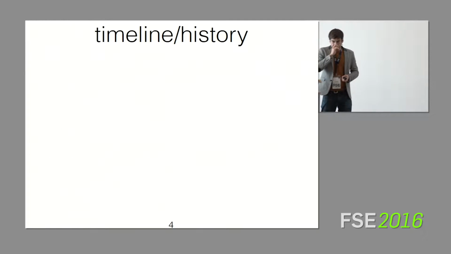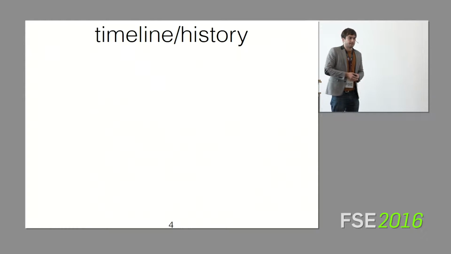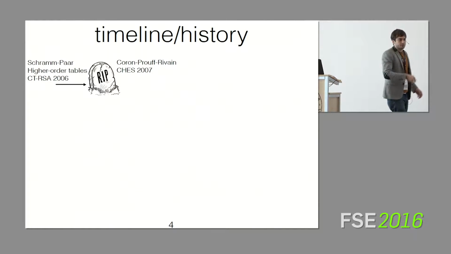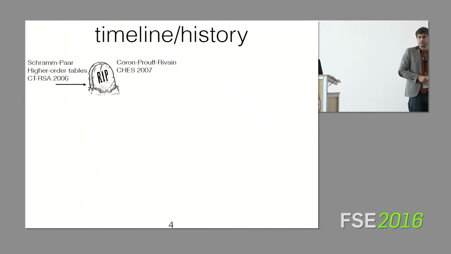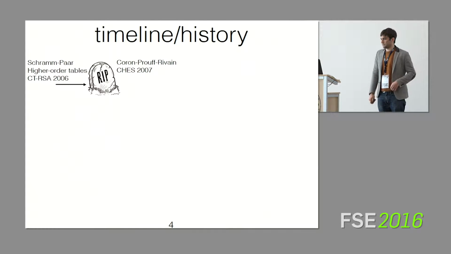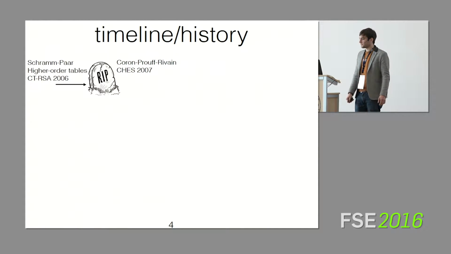There are many examples of masking schemes that are published and some years later they get broken. I am going to put just a few. It's not meant to be comprehensive or complete, but just to give you a first overview of how often they get broken and how quickly they can get broken.